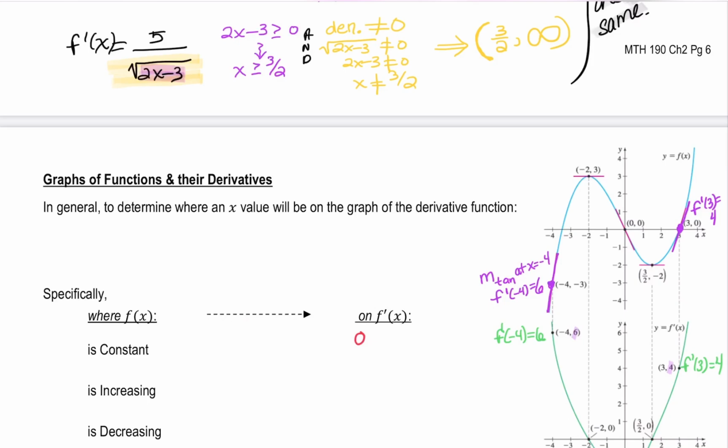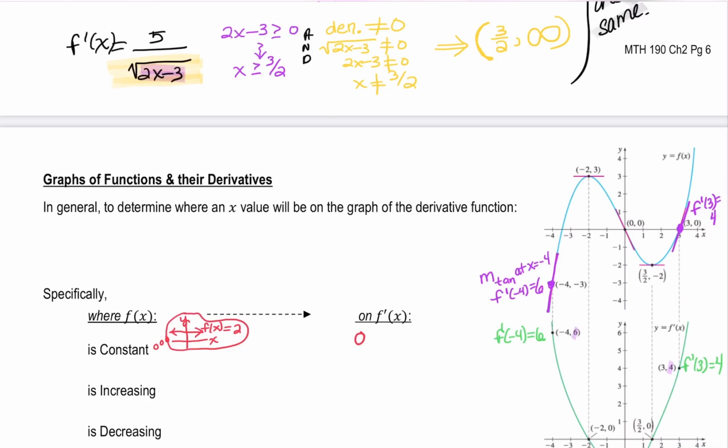So if you have a function or a region of a function that is constant, let's say the function f of x equals 2, its rate of change is 0.